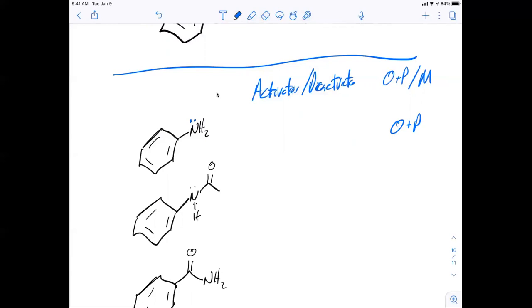Is it oxygen and nitrogen right outside the ring? Yes, then it's an activator. Oh, and nitrogen, that's not positive, right? So oxygen, no problem. Nitrogen, that's not positive. That's a lone pair. Right? So that's an activator. For bonus, is this strong or weak? Strong, moderate, or weak? So this one's a strong one, right?